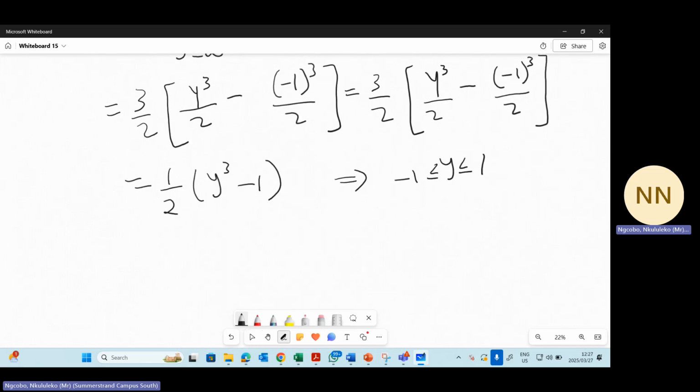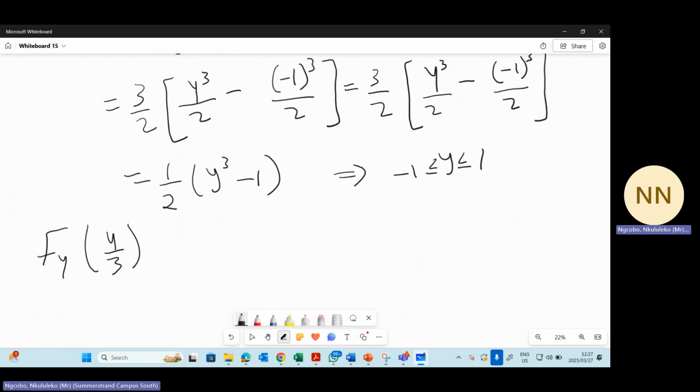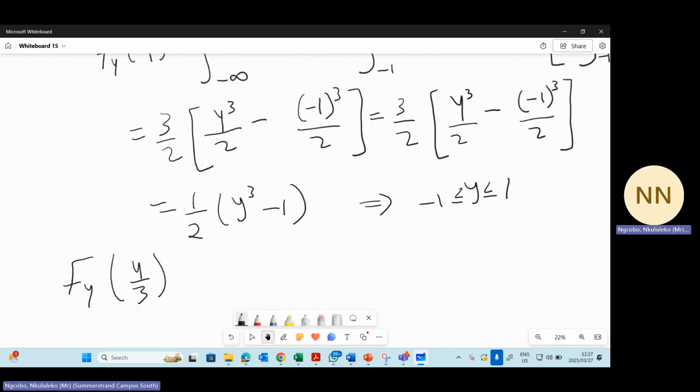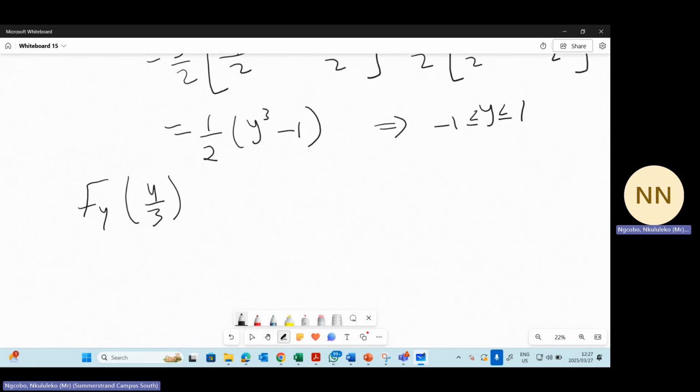So if then we want to find F of y at u over 3, then we could differentiate here to find f of u, the density function of u, right? So because now we have this, what is the derivative?